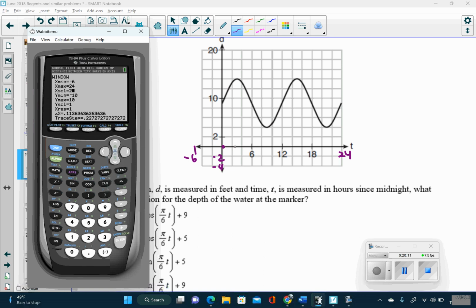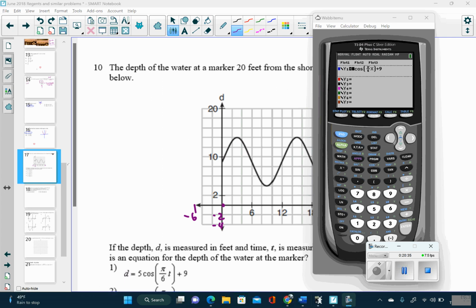That's basically just telling me how much each box is going to be. And then for my y's, it's going from -4 up to 20. So I'm going to put -4 up to 20. And the scale is going up by 2's. Okay, scale is going up by 2. So now I'm going to go here to my y equals. Let me remove this and plug in each of the ones that I have and see which one matches.